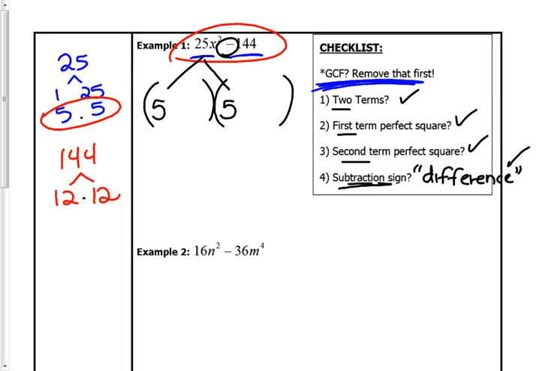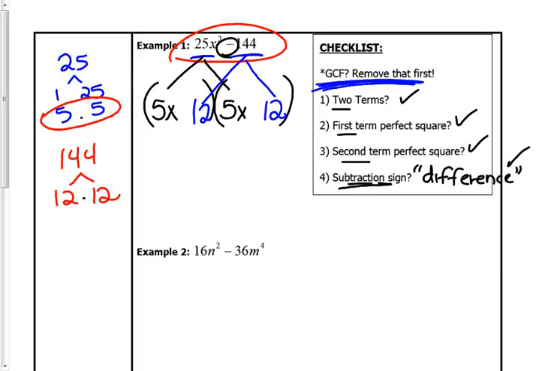And we still have to split the x squared into x times x. So 25x squared gets factored into 5x and 5x, and that goes in the front. And then 144 we said was 12 times 12. So we're going to split this up and put it on the back ends of our parentheses: 12 and 12.